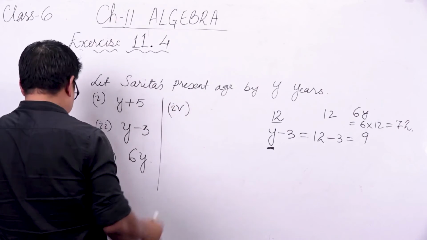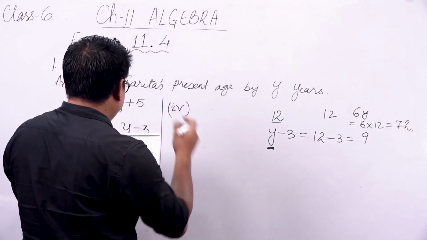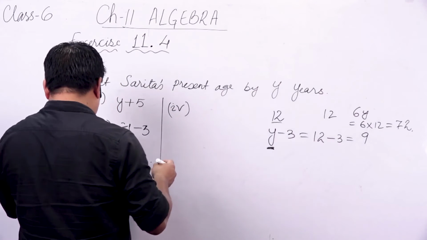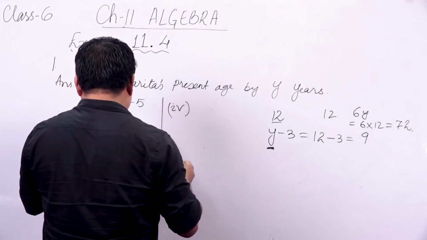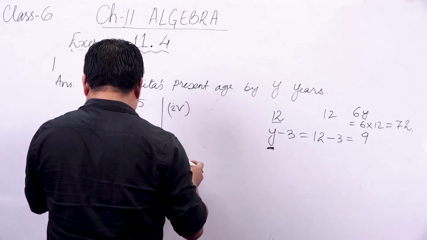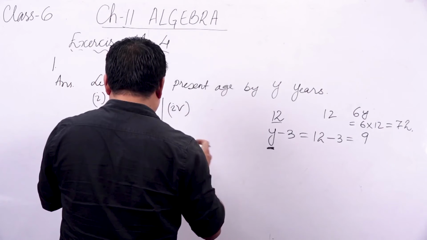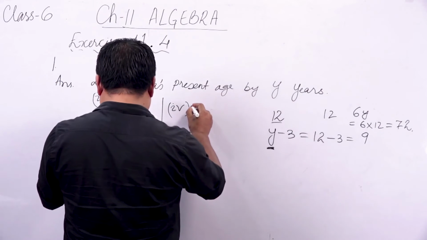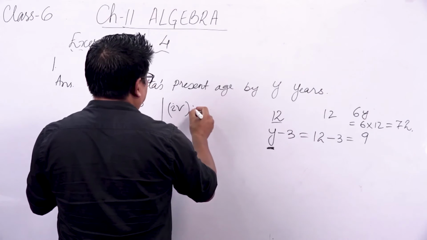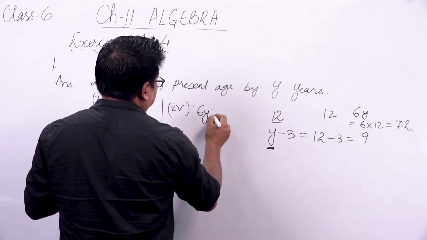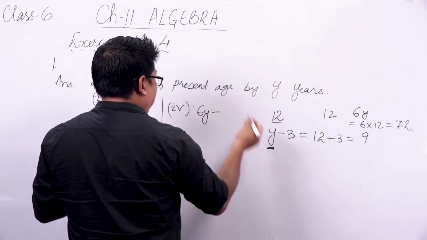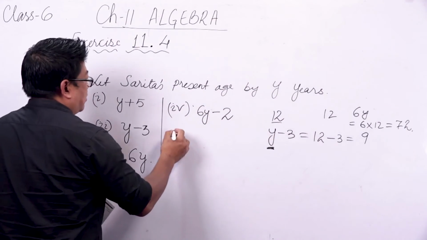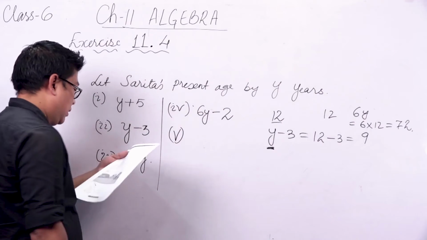4. So grandmother is 2 years younger than grandfather. What is grandmother's age? I think it should be grandfather. Yes. So grandfather's age is 6y, and grandmother is 2 years younger. So 6y minus 2.